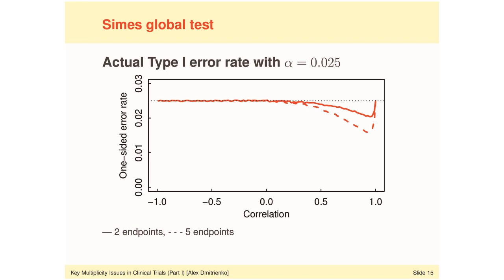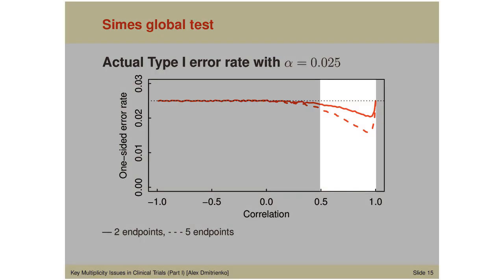But it also stays very close to the nominal level of 0.025 when the correlation coefficient is positive. The SIMS test does a very good job of adjusting the error rate without overcorrection when the correlation coefficient is less than perhaps 0.4 or 0.5, and also when it is around 1.